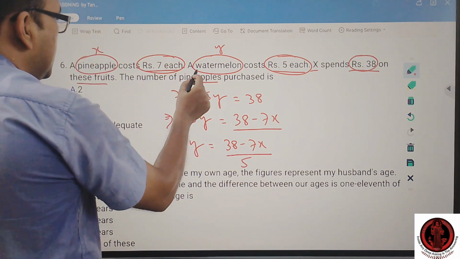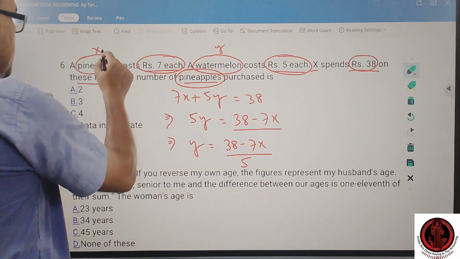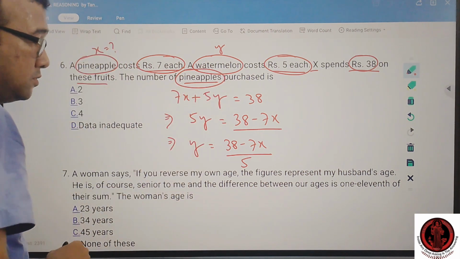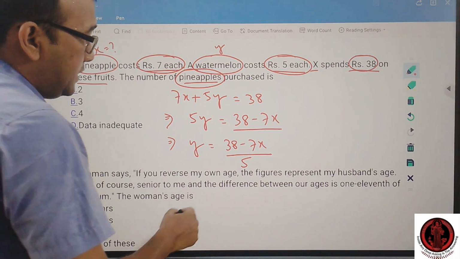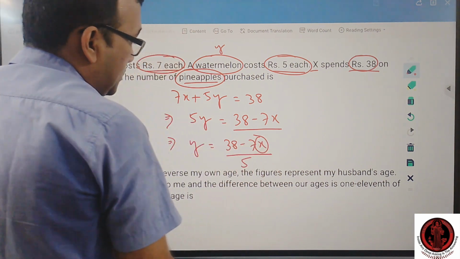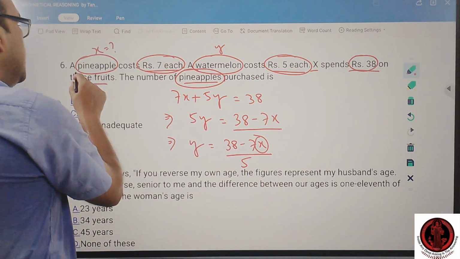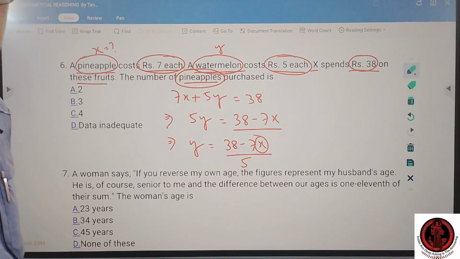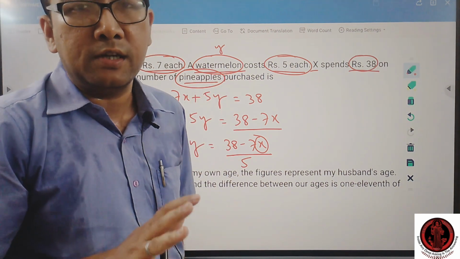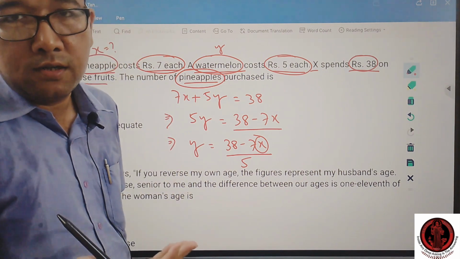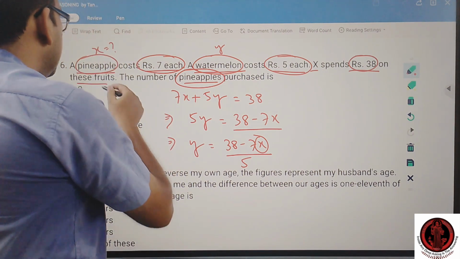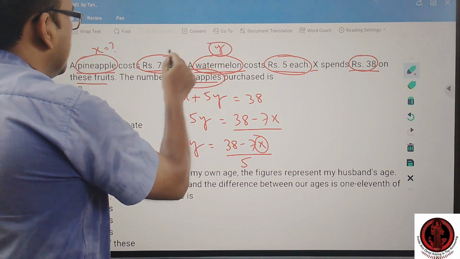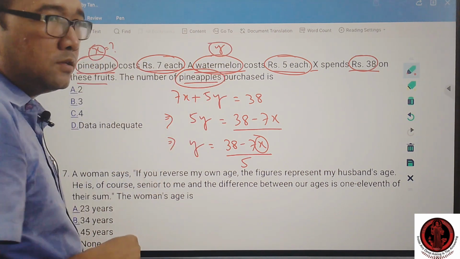You have to find out the number of pineapples, that means x. Now the logic is this one: the number of pineapples and the number of watermelons should be integers. That cannot be a fraction. So x and y both should be integers.